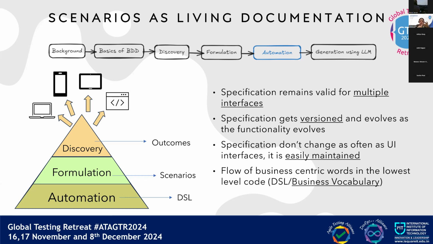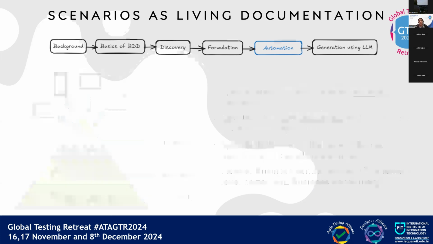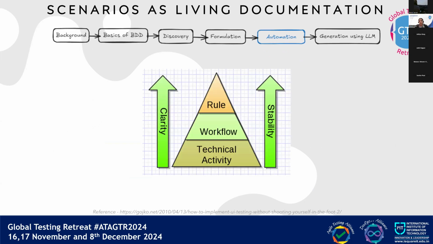Many a time you find that UI interfaces change, UI mashups evolve, but functionality doesn't change. And that's the reason you should not be changing your formulation, and you should not be writing any implementation-specific details when you formulate business scenarios. So let's take a deeper look at how you want to put down automation so that it becomes living documentation.